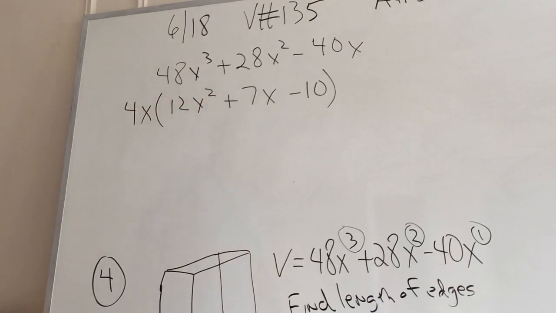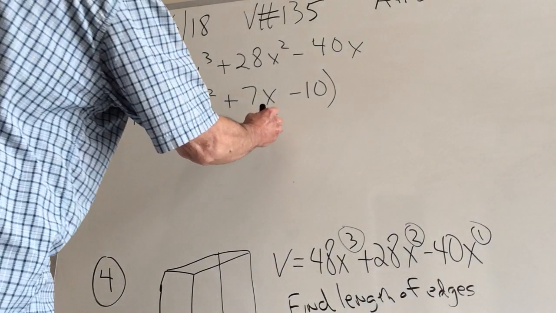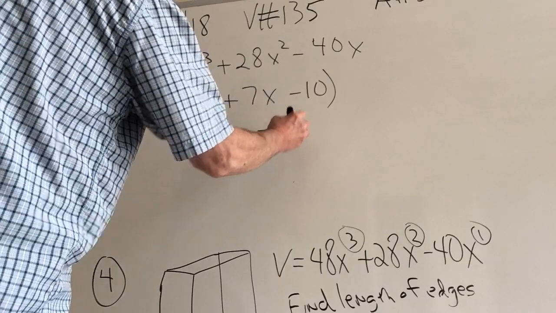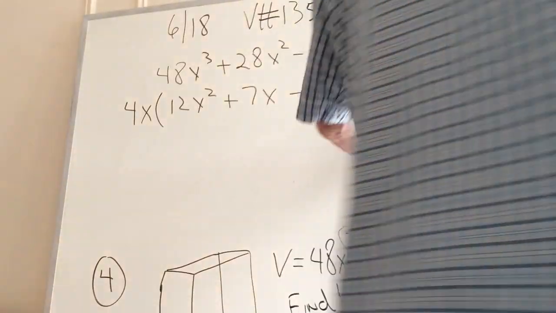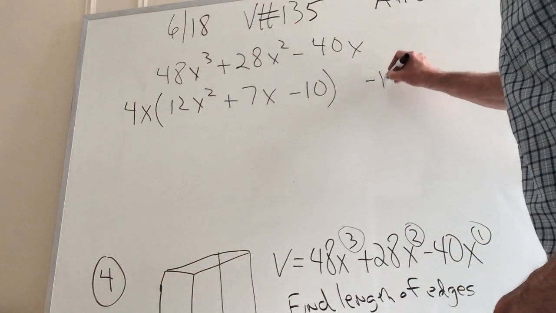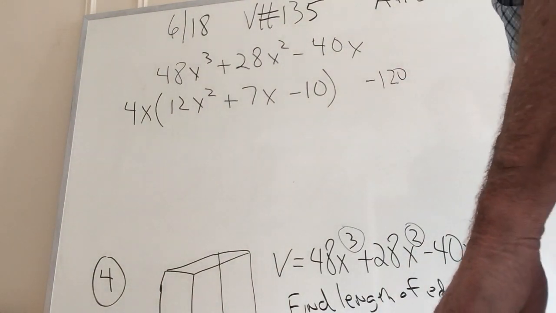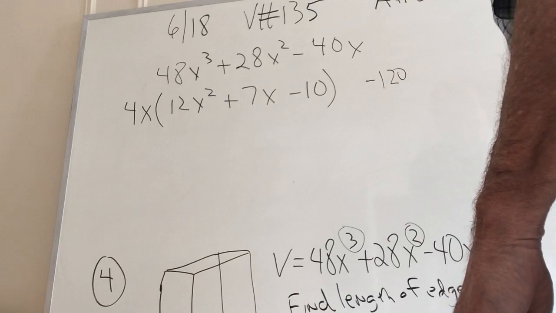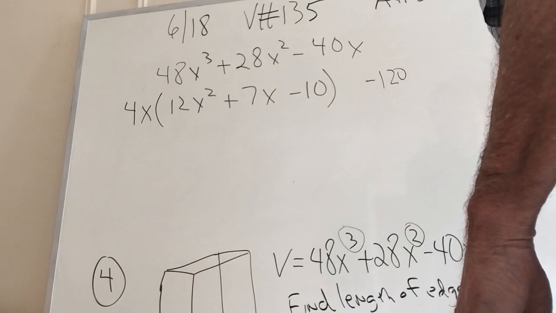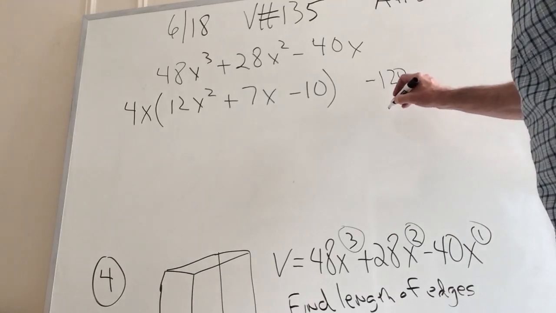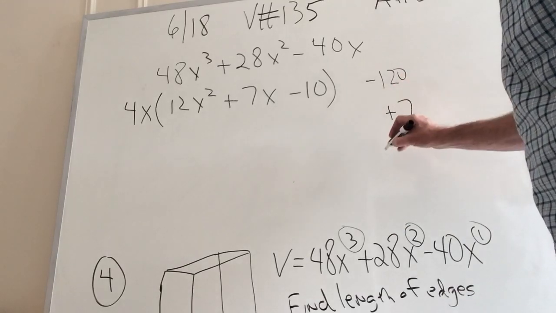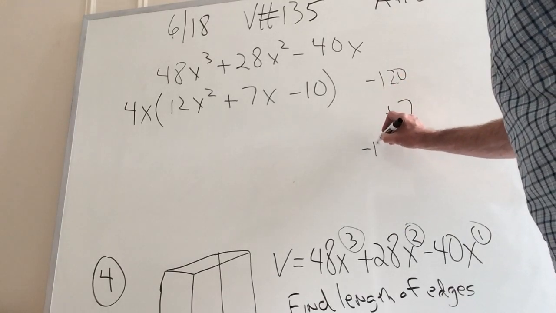This is what's left. And now we have negative 120. Here, I'll write it over here on the side so the thought is clear. Negative 120, and the factor here is 8. But again, you play around with it. That's your job.